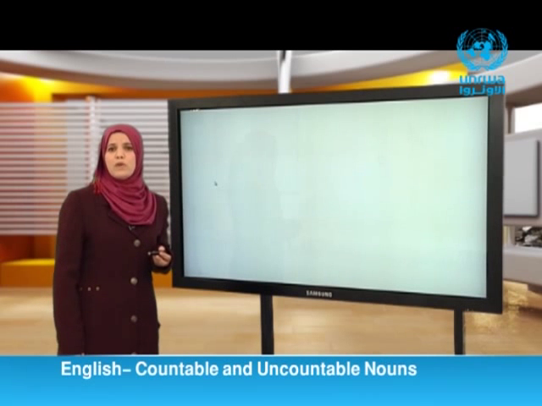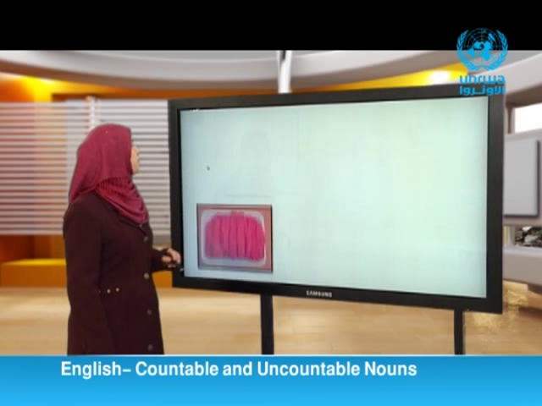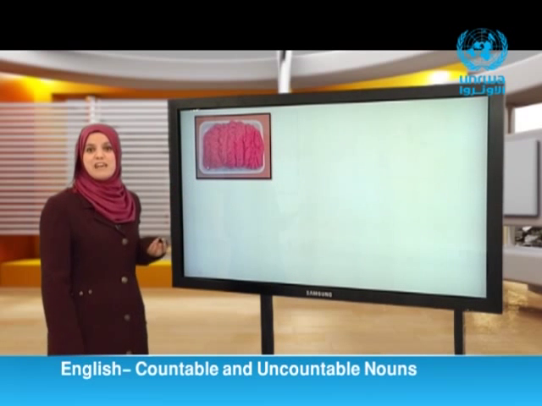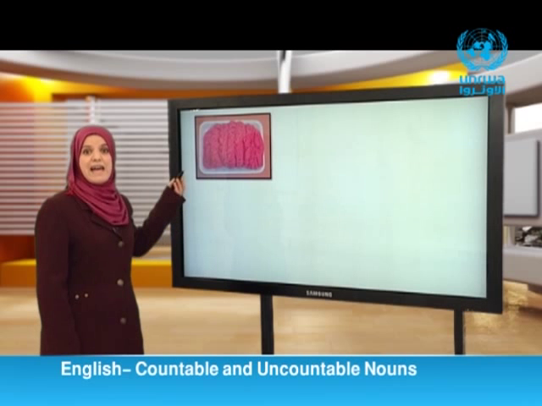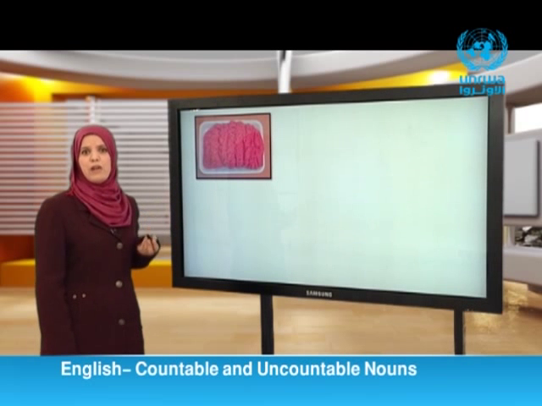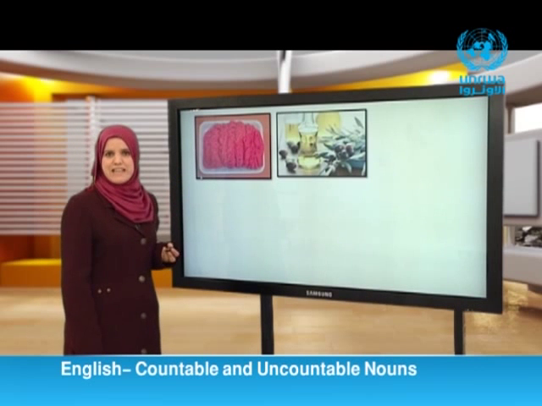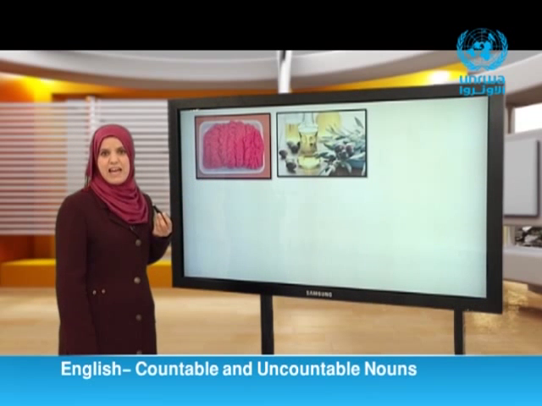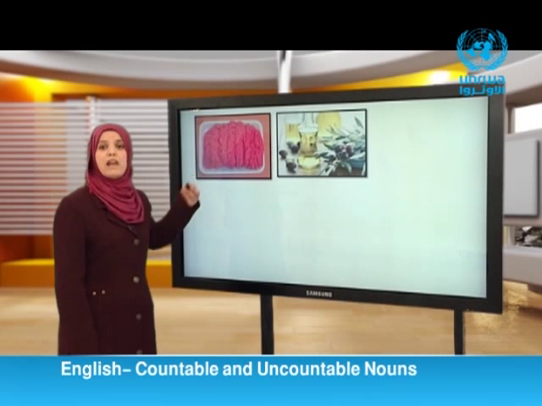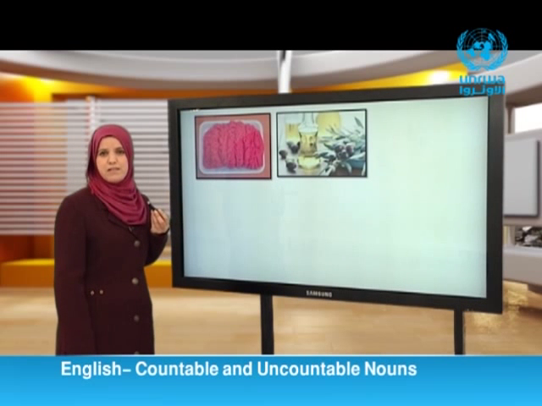Now, what does Mom want Sammy to buy? Think with me. Good. She needs some ground meat. She asked for 1 kilo, a large tray. What else? She needs some olive oil, and she asked for 1 large bottle of olive oil.